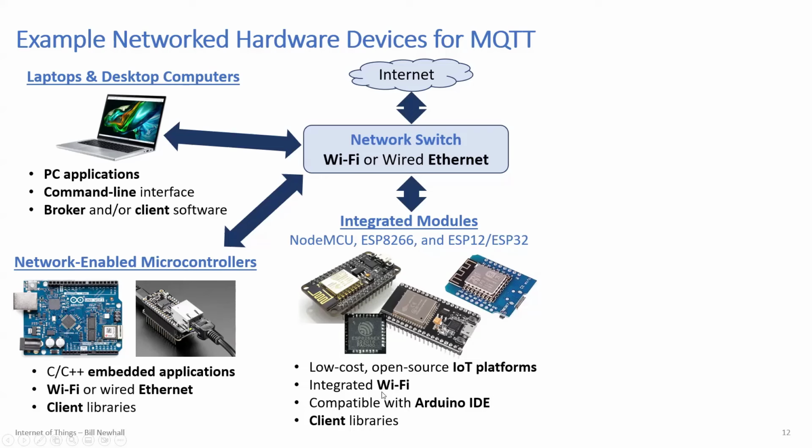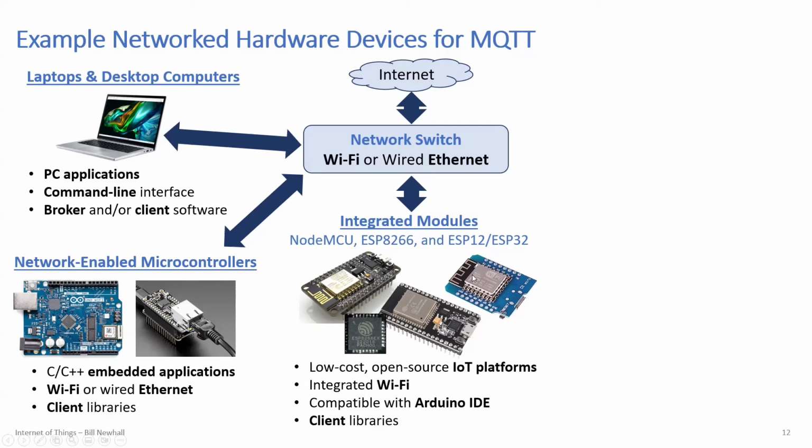They have integrated Wi-Fi, all built on the antenna and the Wi-Fi module, and you can program many of them with the Arduino IDE. So if you can program this Arduino Uno, then you can program these similarly and use the client libraries that are available either on the Arduino website or GitHub or wherever.